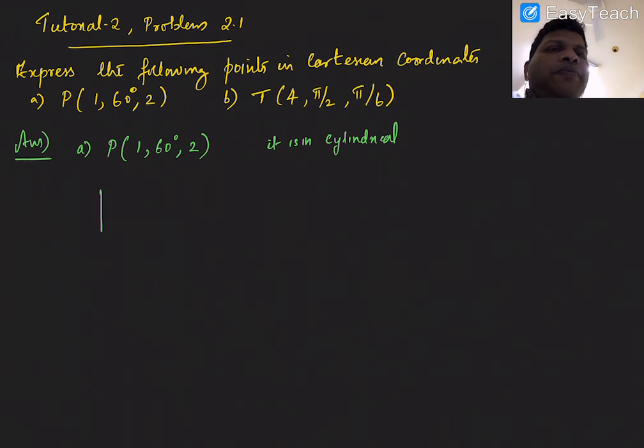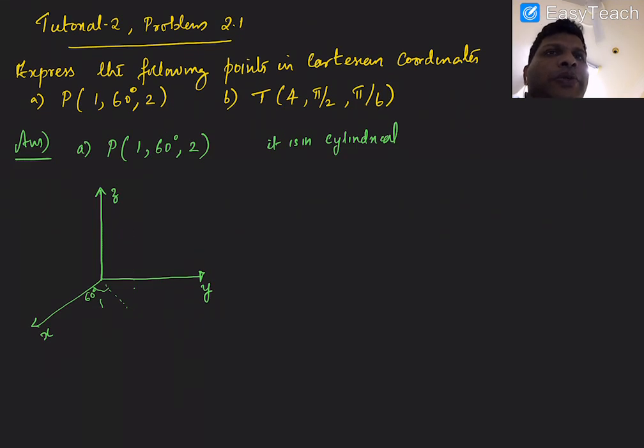So we will see this is the z-axis and x-axis, and this is the y-axis, and the point P is located at, this is 1, it is given as 1, and this angle is given as 60 degrees, okay, and the value of z is given as 2.